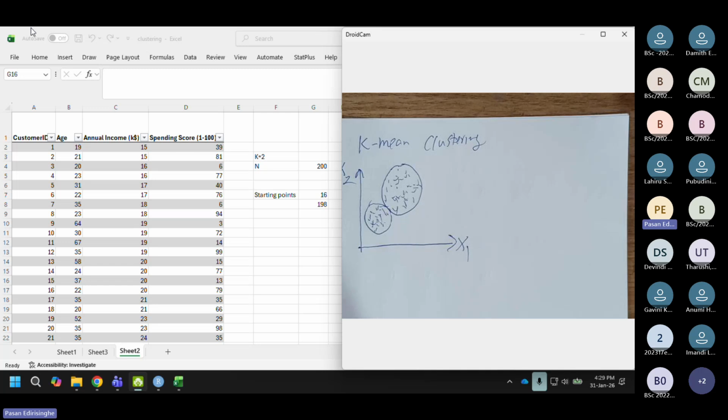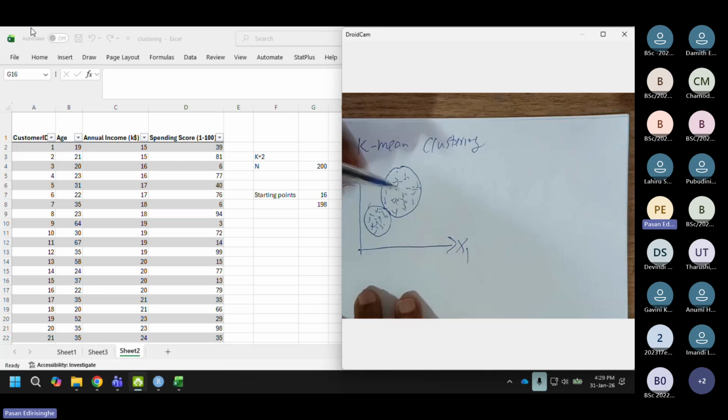When I say they are in two groups, what does it mean? I'm trying to circle them. It can be a circle or some other shape as well, right? But my target is to circle them. If I'm circling them, that means they should have a center, right?